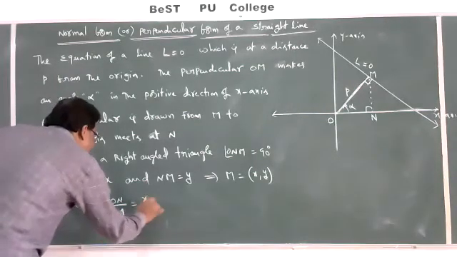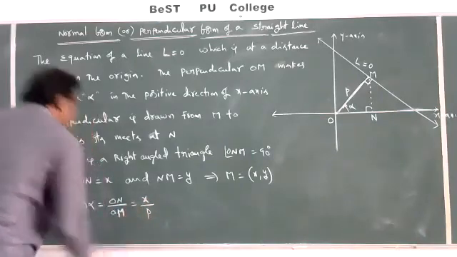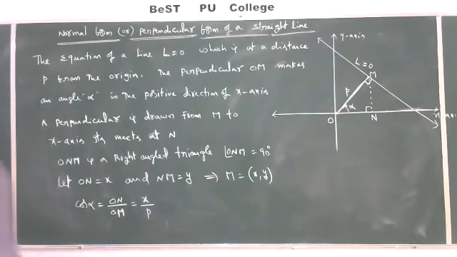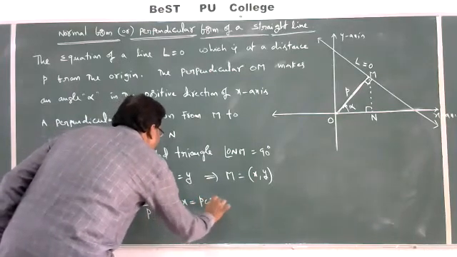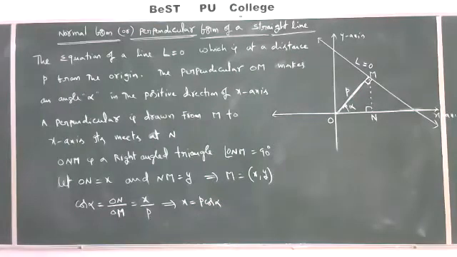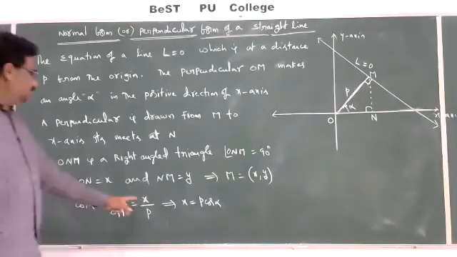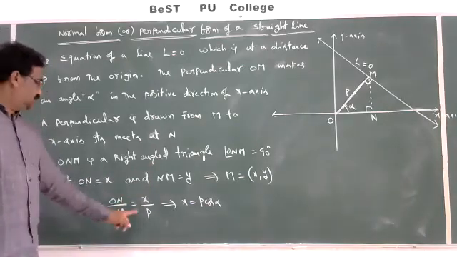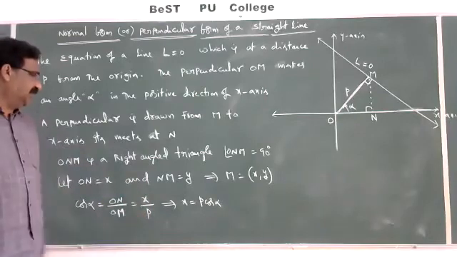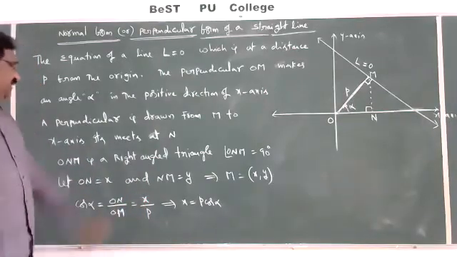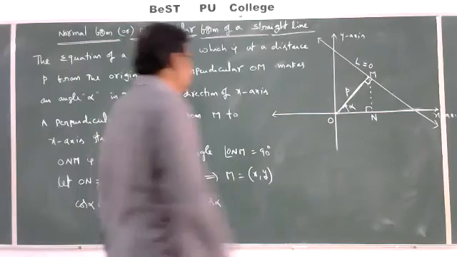That is, ON is x, OM is small p. From this you get x is equal to p cos alpha. ON length is small x we consider, OM is the perpendicular distance, that is small p.